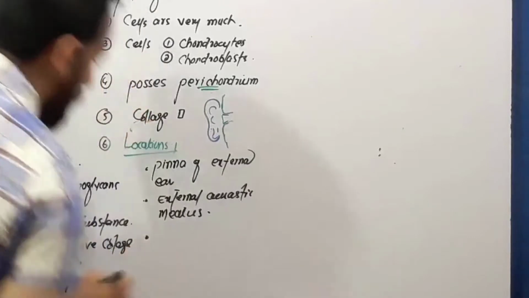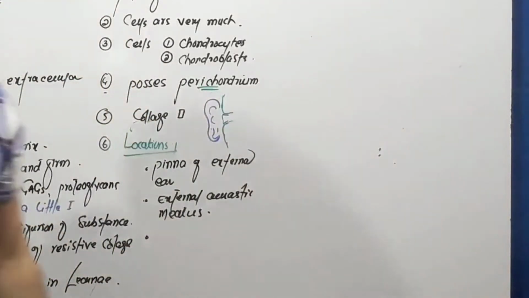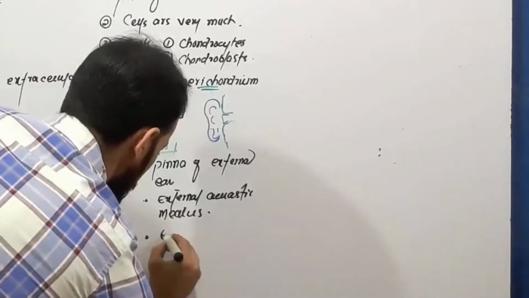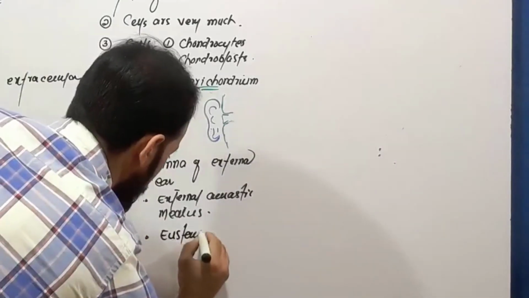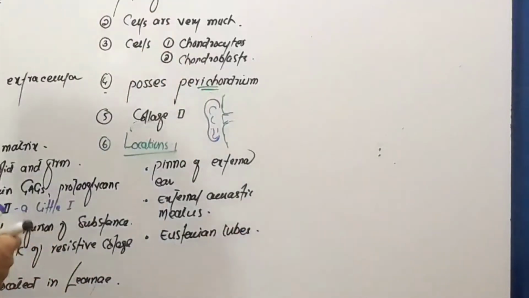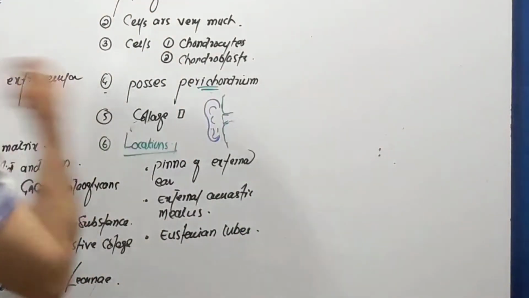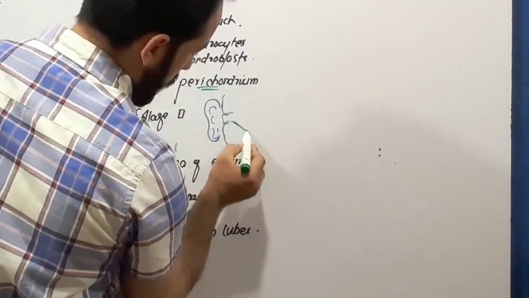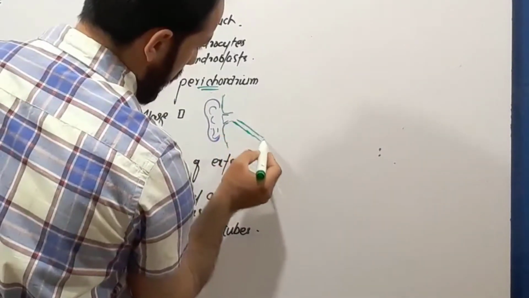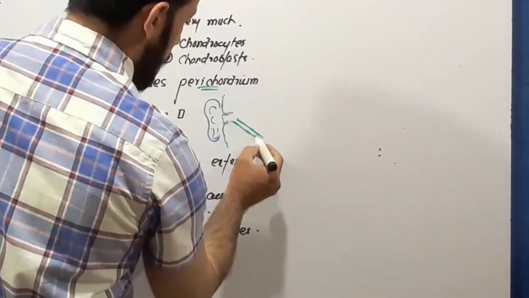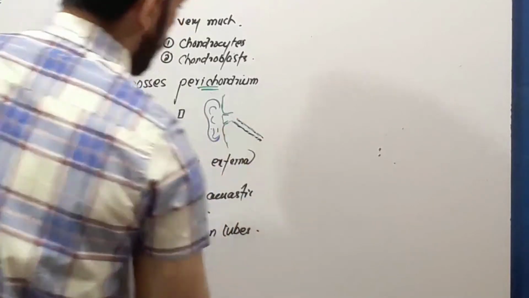And the third important point where elastic cartilage is found in our body is the eustachian tubes. What are eustachian tubes? There is a connection between your throat and your ears. From here there is a tube going towards your throat or pharynx. This tube contains elastic cartilage in its walls, right?